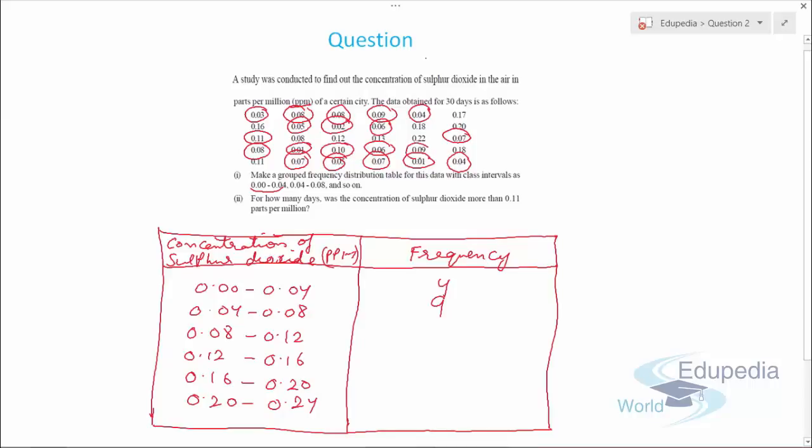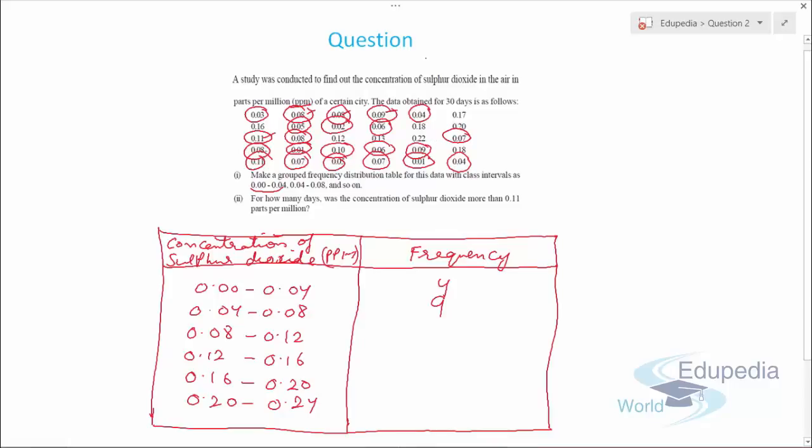Then we have 7, 8. Any other value you can check, right? So we can count again. It can be 1, 2, 3, right? Then we have 4, 5, right?